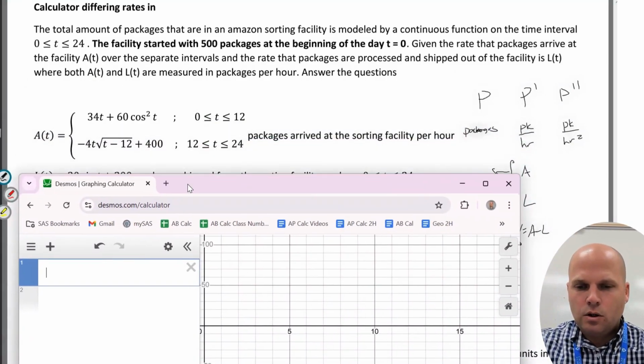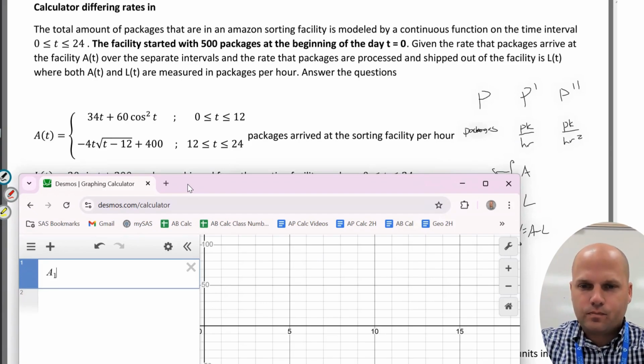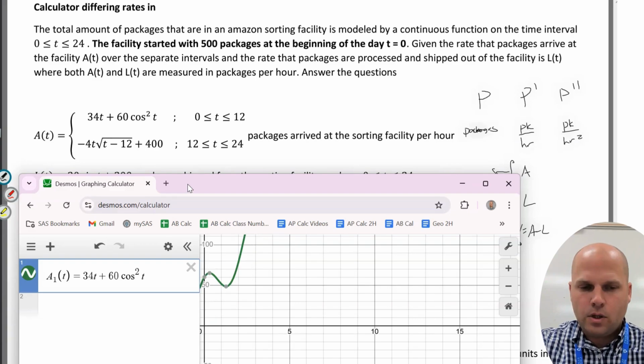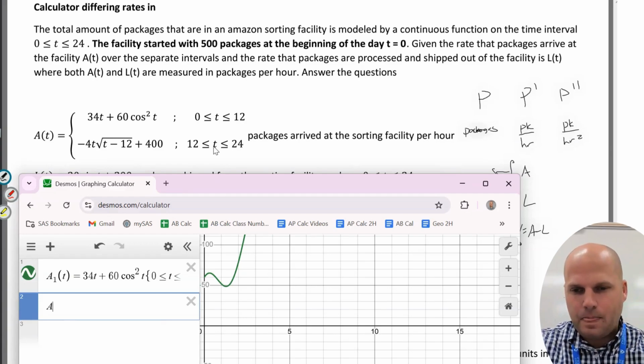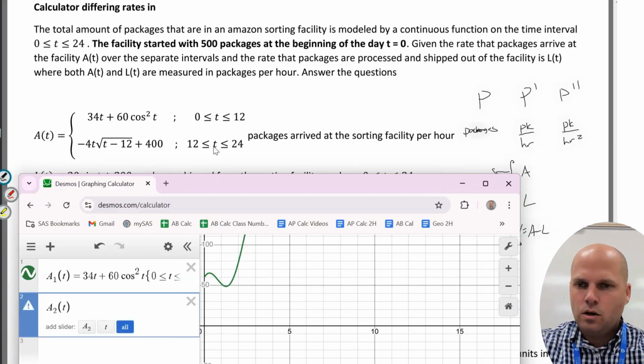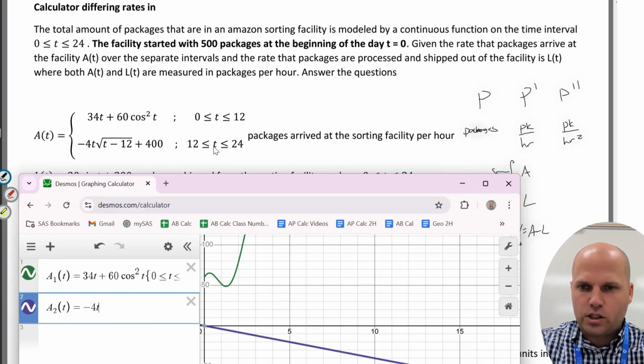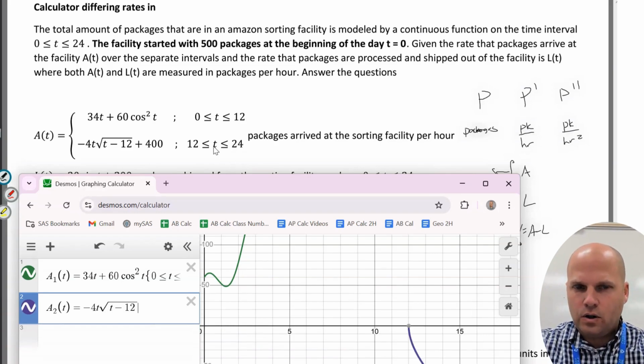Cool? Great. Two A's though. A1 is 34t plus 60 cos squared t, and I'm going to restrict that from 0 to 12. A2 is negative 4 square root of t minus 12 plus 400, and I'm restricting that from 12 to 24.